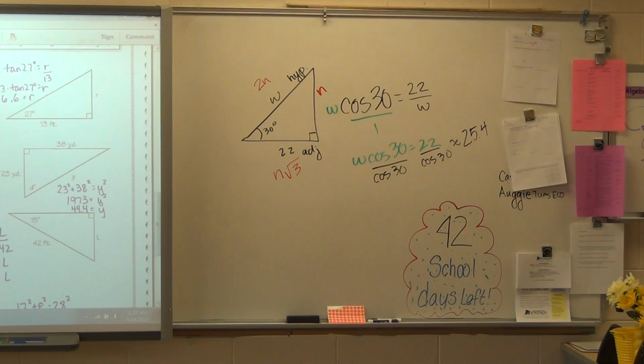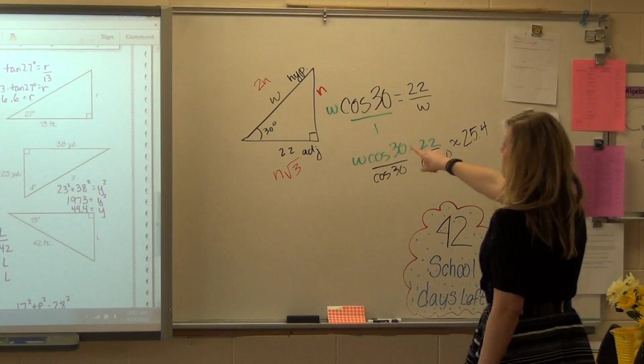Why do you use 30 instead of 60 or 90? Because 30 is the smallest angle? To figure out n, you can't use 60 or 90 because it's not the opposite. So 30 is our smallest angle measure, yes?